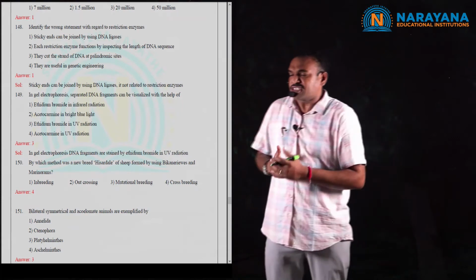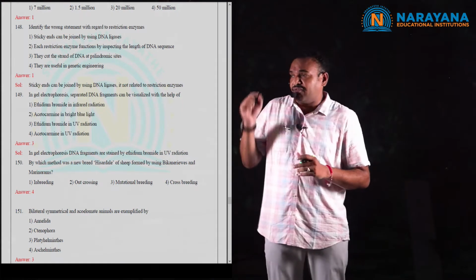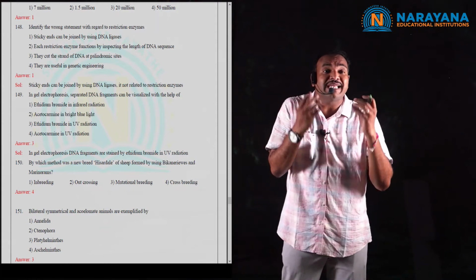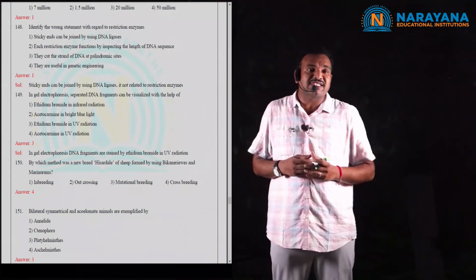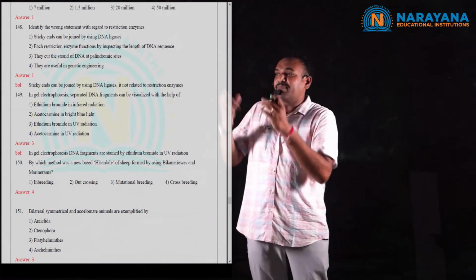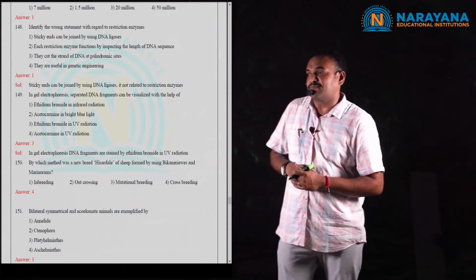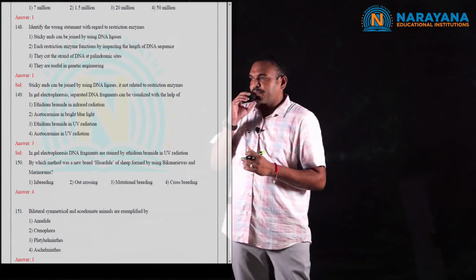That means all four statements look correct, but the important point is to observe the first statement, that is regarding ligases. But what is the question? The question is regarding restriction enzymes but not ligases. That means the statement which is not related to restriction enzymes is the first option. And next one is question number 149.